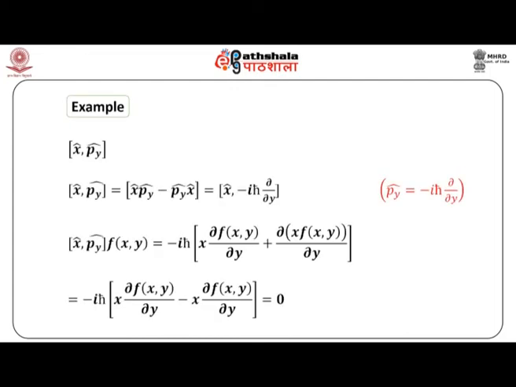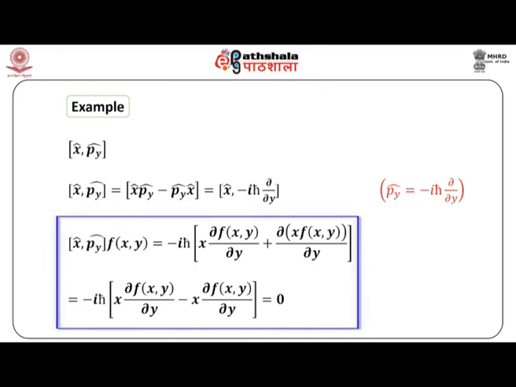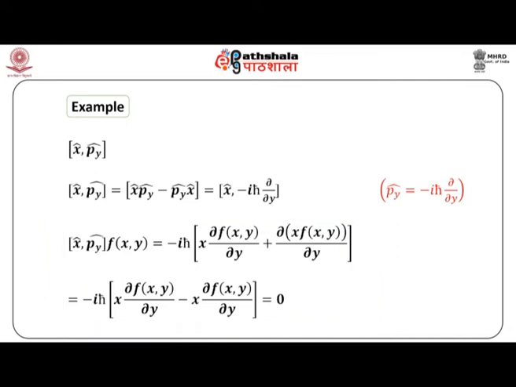On the other hand, if we take the operators x cap and py cap, that means the linear momentum along the y direction, then you can see here that when this operates on a function f(x,y), the ultimate expression is 0. That means these two operators commute with each other. And what does it imply?